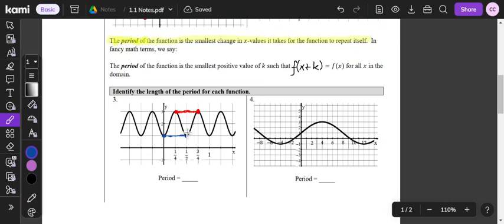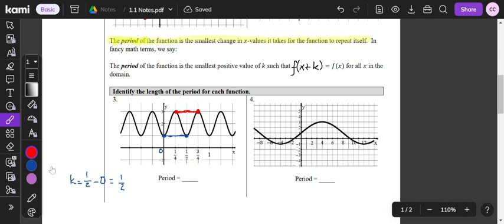Either way will get you the right answer. So in blue, to do valley to valley, this x value right here is 0. This x value right here is 1/2. So to figure out what this distance is, I need to do 1/2 minus 0. I'm going to get 1/2.